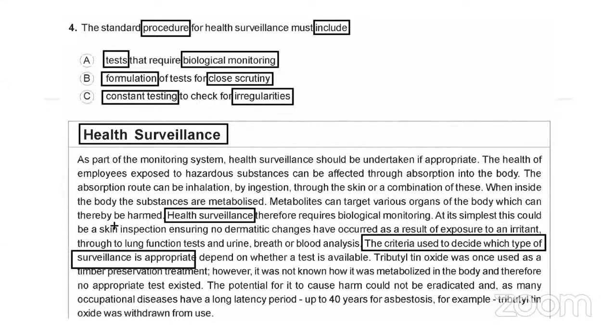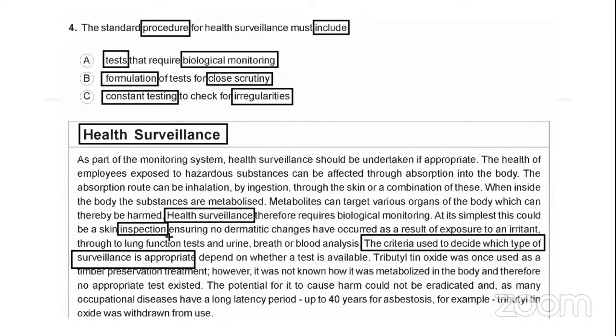Skin inspection. Inspection means checking, probing, scrutiny. So which type of test is available and which is appropriate?